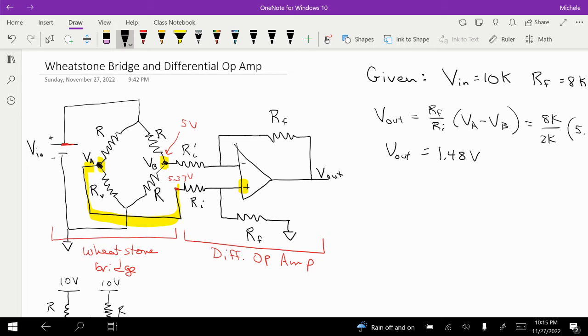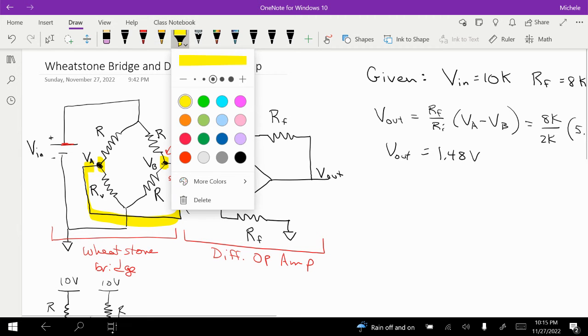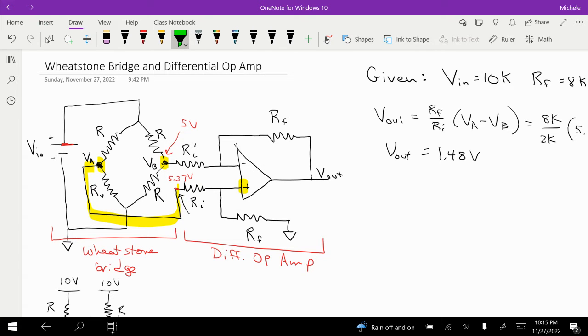All right, so where I'm going to start is right here at VA, when VA goes into the positive input. Let's change the color a bit. So I'm going to start right here at 5.37.